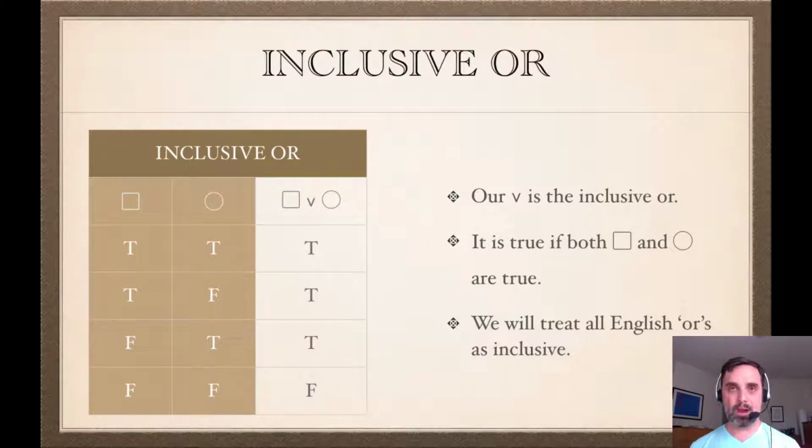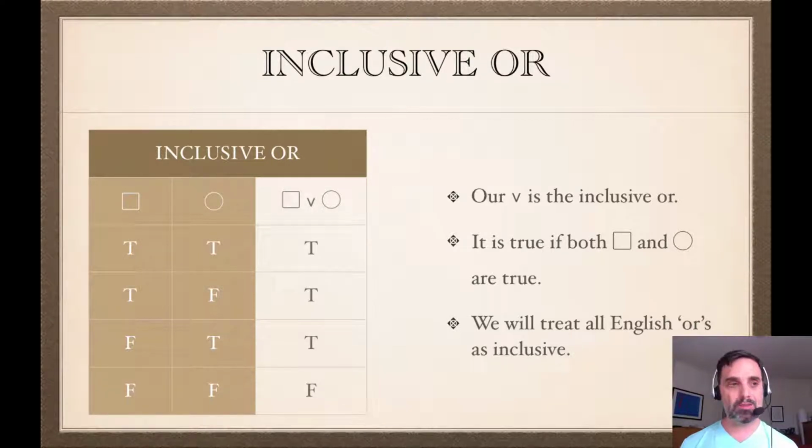Now, in treating all English ors as inclusive, we might be doing one of two things. If you remember the conditional, we saw in the previous unit that the conditional in natural language probably doesn't, in at least some cases, have the same meaning as our arrow in the formal language. And we said, well, we're going to ignore that difference in meaning.